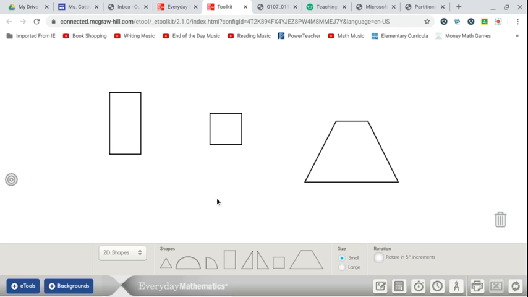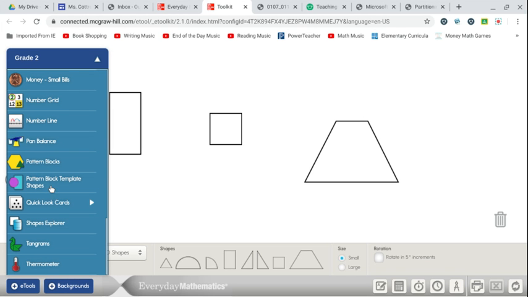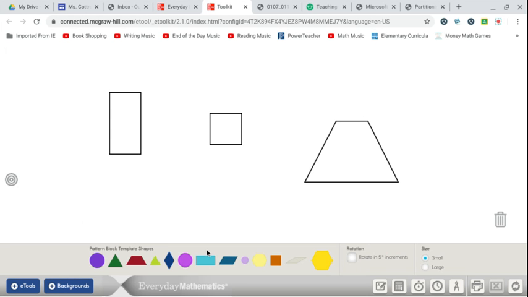Another shape that you could have drawn, which we don't have here, is a hexagon, an octagon, or even a pentagon. So let's say, just so that I can show you guys, this one right here, top and bottom are parallel.